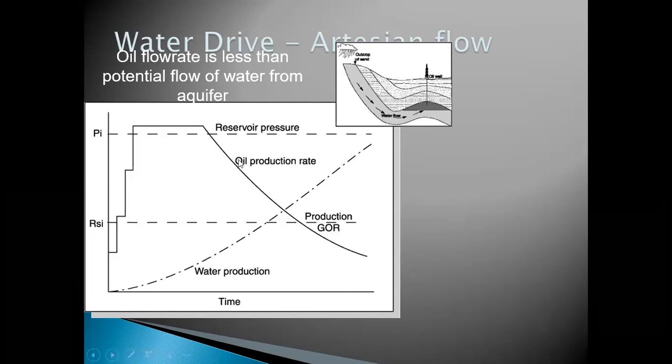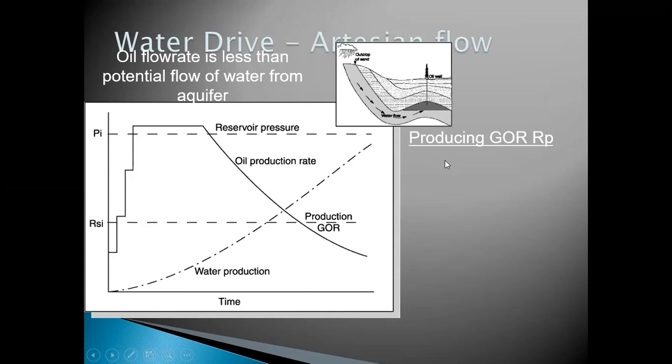The production here is declining because the water production is now increasing. Here, this is the water production chart. As you can see, the water production is now increasing. As the water production increases, oil production declines. So the relative permeability of water is now active and oil permeability is decreasing, and so on.